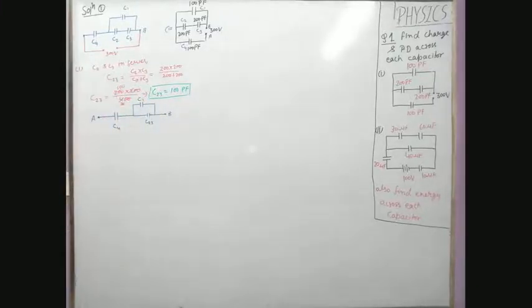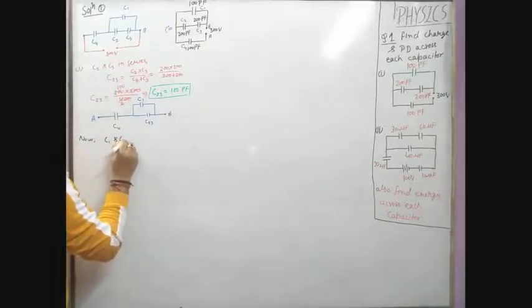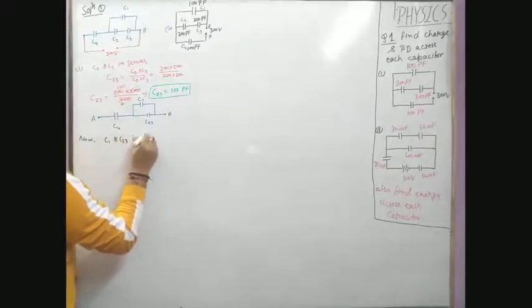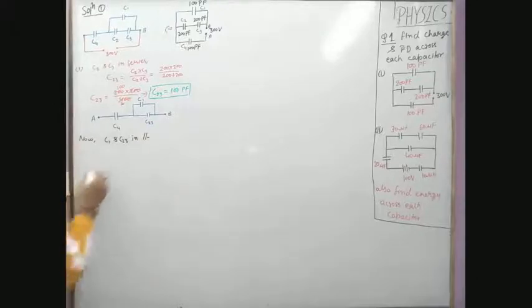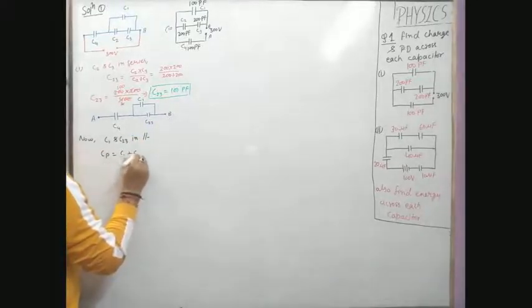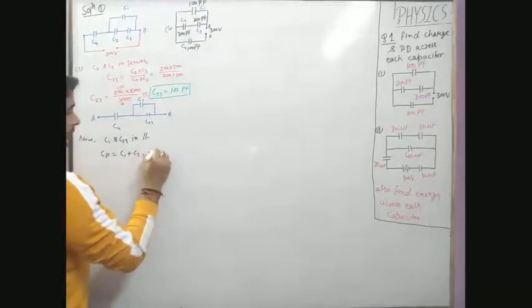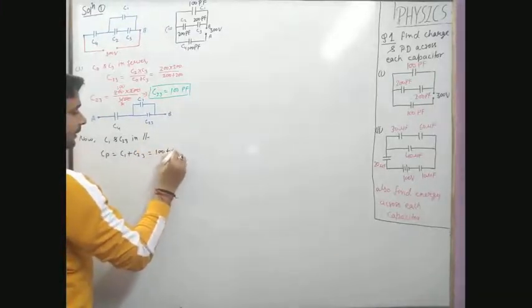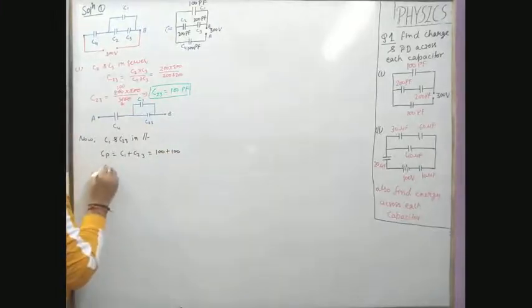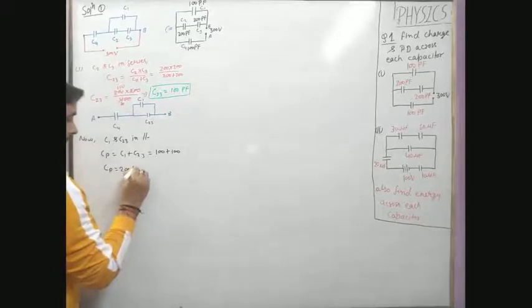Now you can easily observe here C1 and C23 in parallel. Therefore Cp is equal to C1 plus C23, which is 100 plus 100, that is Cp is equal to 200 picofarad.